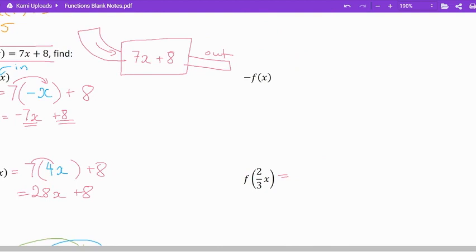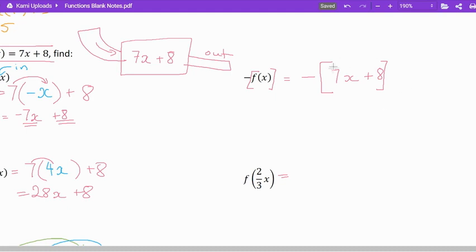Well, what if the input is the same as it is in the function, but now there's a negative in front of the function sign? So if it's clearer, I might add some brackets here to say, oh, we're just taking the original function and multiplying it by -1.